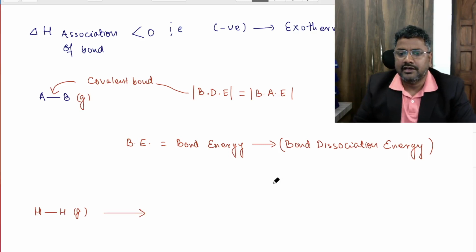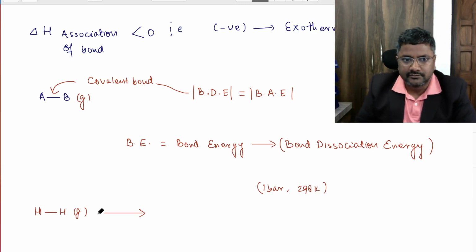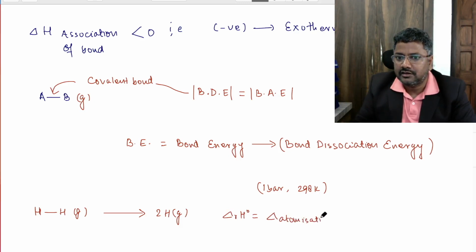At 1 bar and any given temperature, 298 Kelvin or T Kelvin, if we convert this gaseous molecule into 2H gaseous atoms, the enthalpy of this reaction is also known as the enthalpy of atomization.